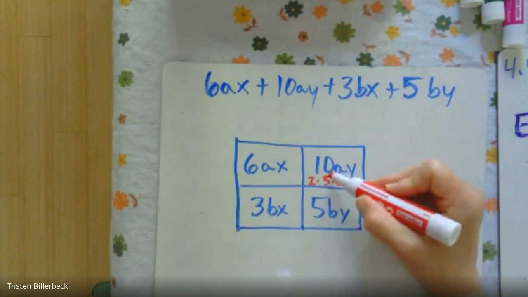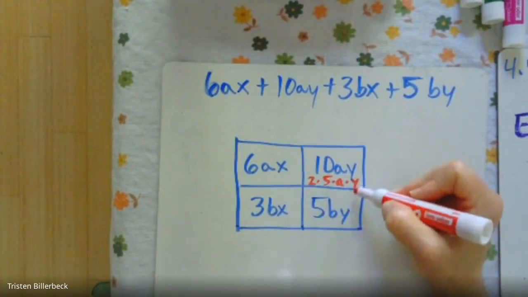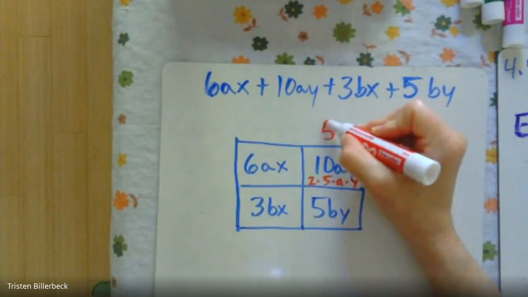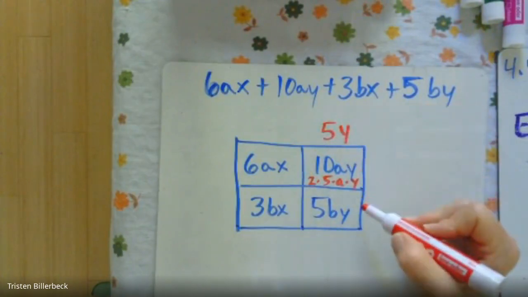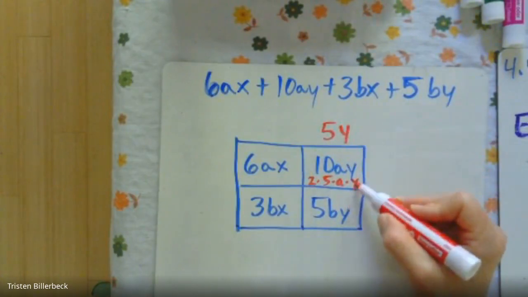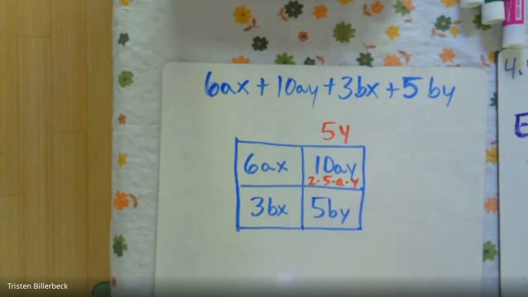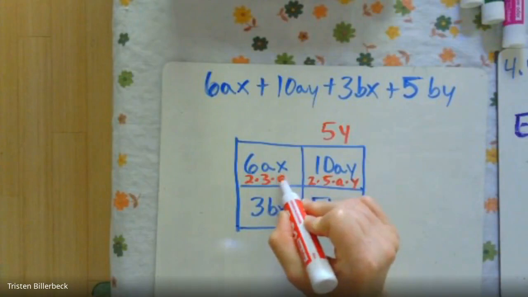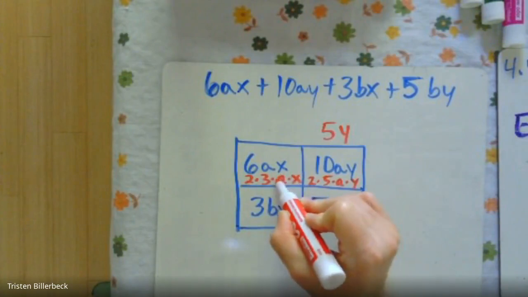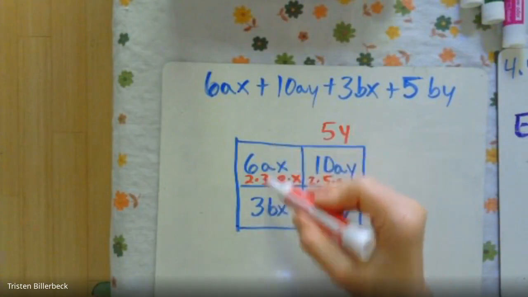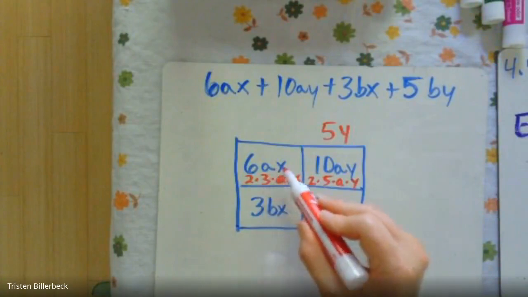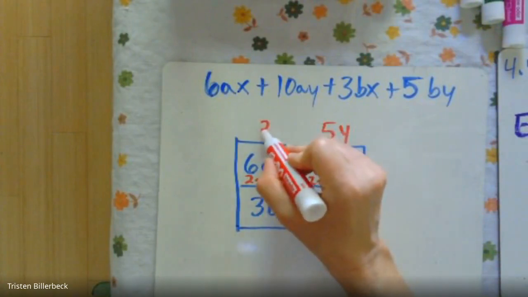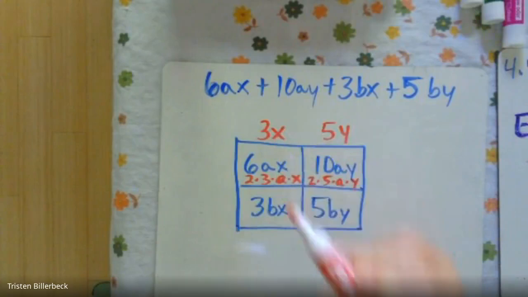So they have a 5 and a y in common, so we can write 5y. This one is 2 times 3 times a times x. When we look at what they have in common, they have a 3 and an x in common. So we're going to write 3x.